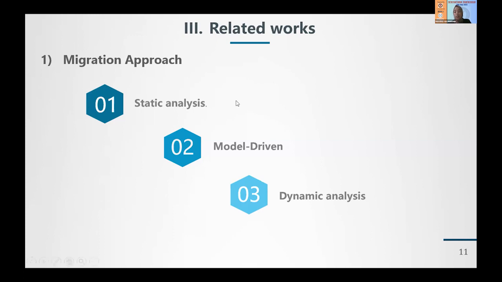And model driven is a type of decomposition where we try, for example, to decompose the application based on the functional or non-functional requirements or based on the business capability of the organization. But all these things, static analysis and model driven, are done manually.